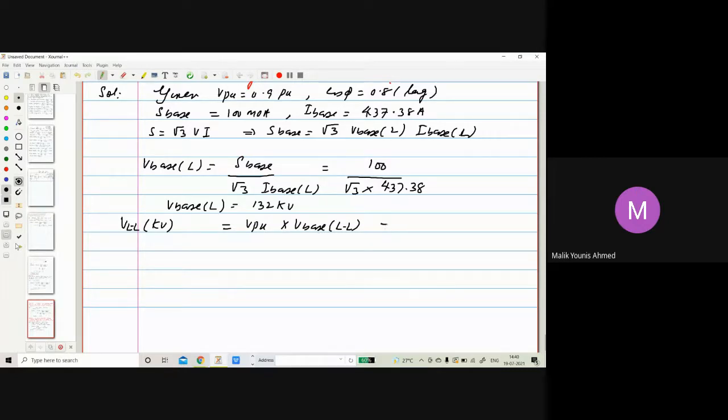That is what we have done. Per unit value is 0.9, base value is 132. With this, V line to line in kV you can obtain is 118.8 kV. So that's what we had to obtain. This is a very simple numerical.